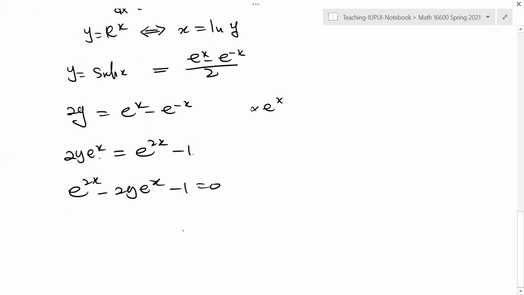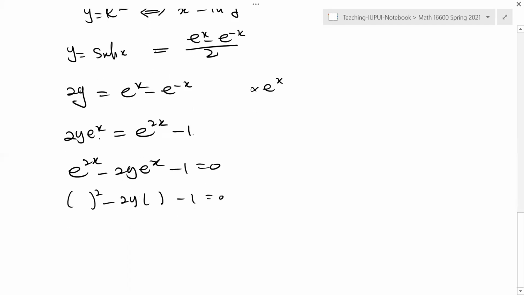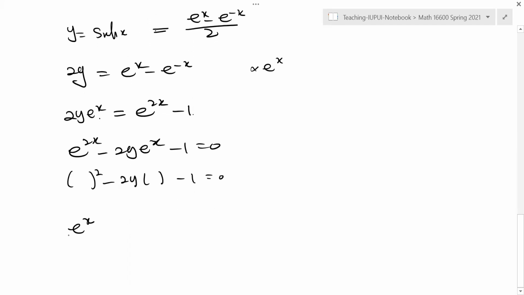I'm trying to find e to the x first. This is a quadratic equation: something squared minus 2y times something minus 1 equals 0. So e to the x is going to be negative b, which is 2y, plus or minus the square root of b squared minus 4ac.